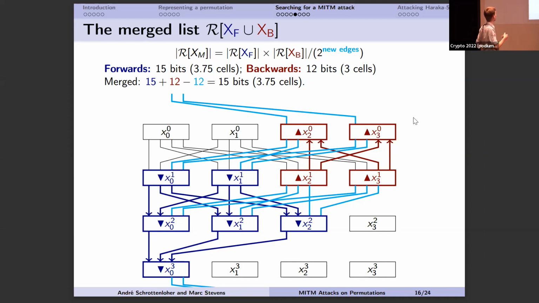And the size of the merged list of assignments is equal to the size of the forward list times the size of the backward list, divided by the amount of linear relations that we match. So we have an algorithm that completes the meet in the middle attack, because now for each choice, we just recompute everything and check the rest.